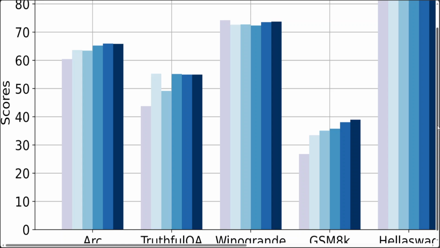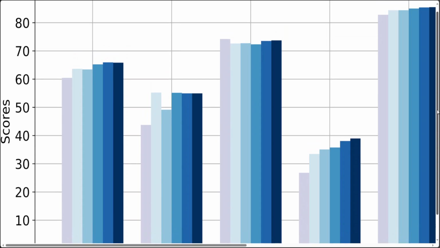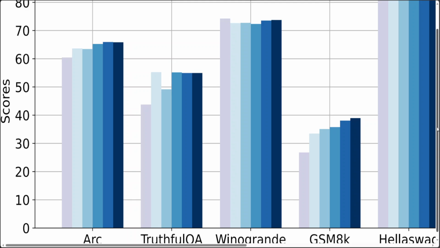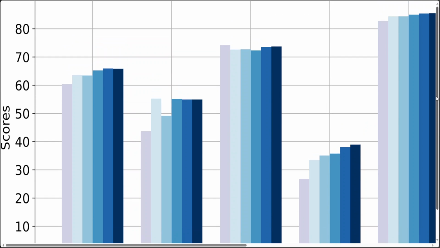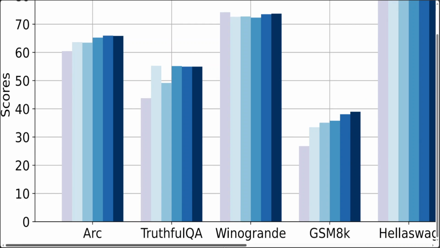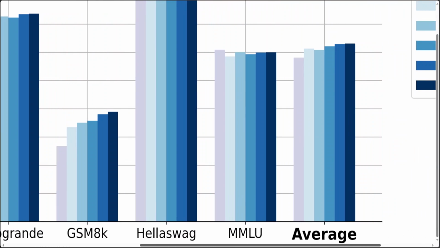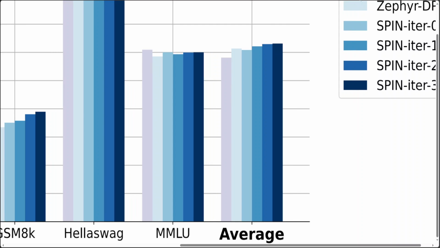SPIN at iteration 0 achieves comparable performance to DPO training with 62k new data. At iteration 1, SPIN has already surpassed DPO training on the majority of datasets, and the performance only improves, as you can see, on each and every iteration on all the benchmarks in this figure.